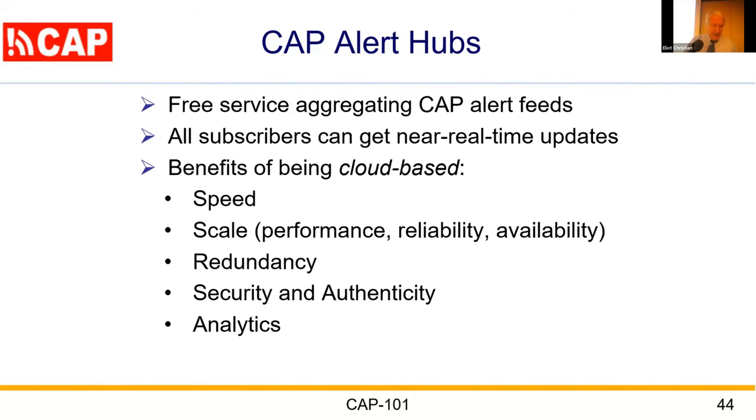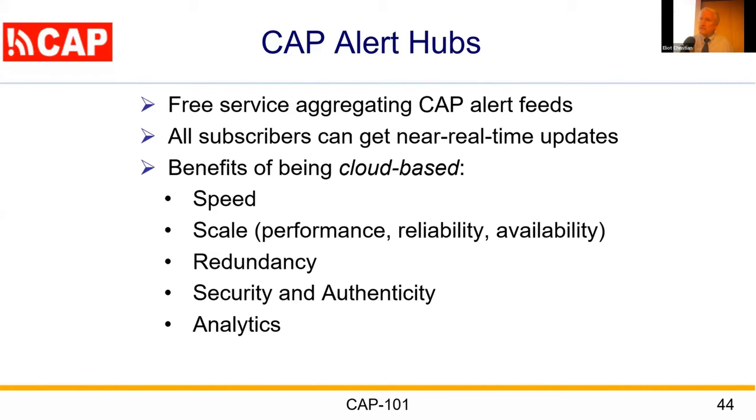First, I mentioned speed. Dissemination time, remember, that's critical for sudden onset events like earthquakes, tsunami, terrorist strikes, tornadoes. Scale. The global scale dissemination infrastructure provides high performance, high reliability, high availability at a really reasonable cost, surprisingly.